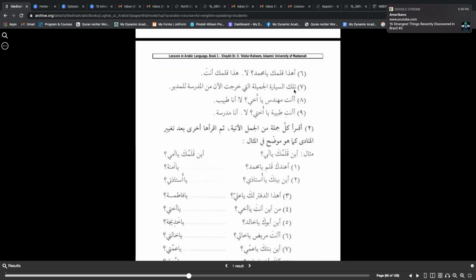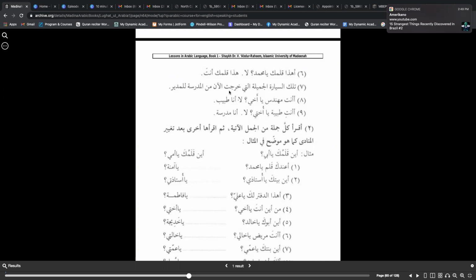نعم. تلك السيارة الجميلة التي خرجت الآن من المدرسة للمدير. So تلك, that car, السيارة, the beautiful car, التي, which, خرجت.